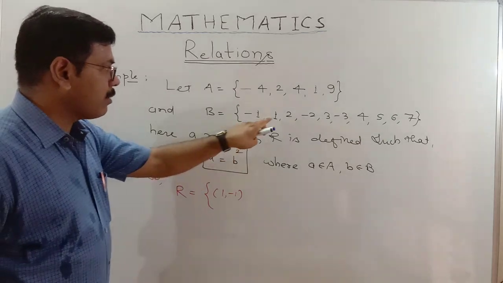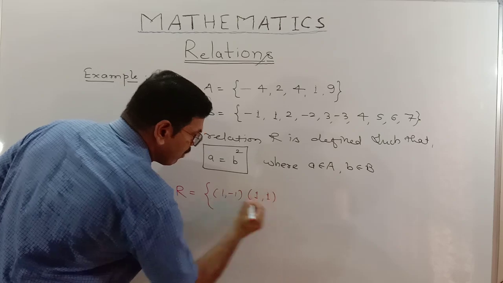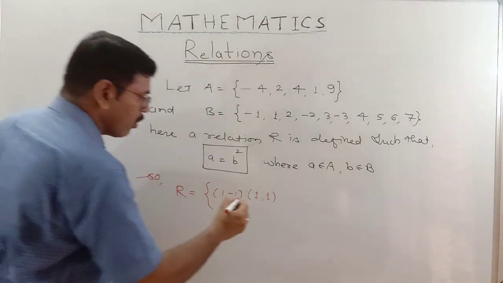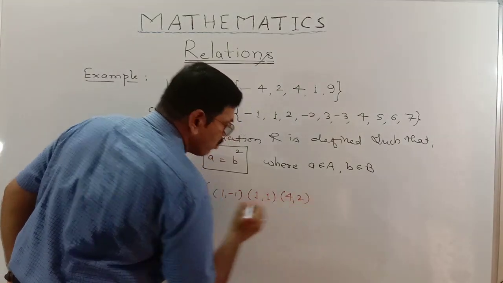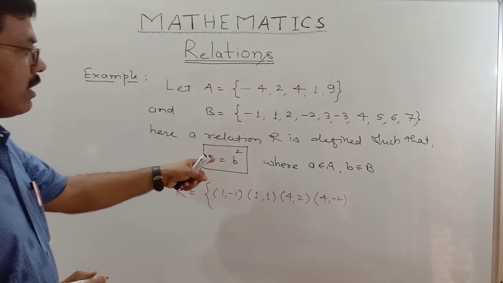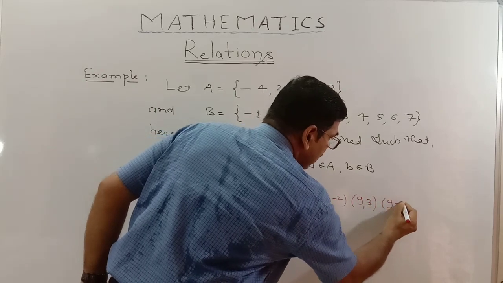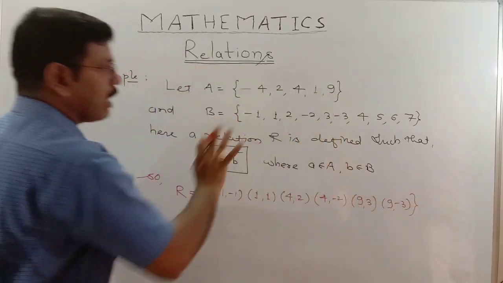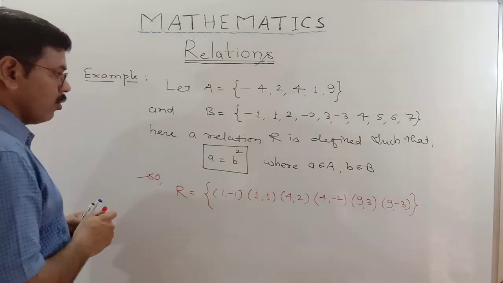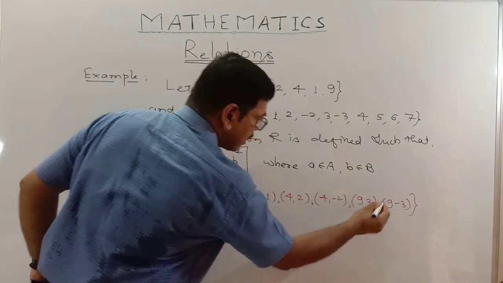Now we put b as 1, then a will again be 1, so (1, 1) is another pair. Now if we put b as 2, then (4, 2), and (4, -2). Then we put 3, 3 square is 9, then (9, 3) and (9, -3). All others are not related exactly. -4 is not the square of any number, as you know very well. So this is the relation. You may check it.